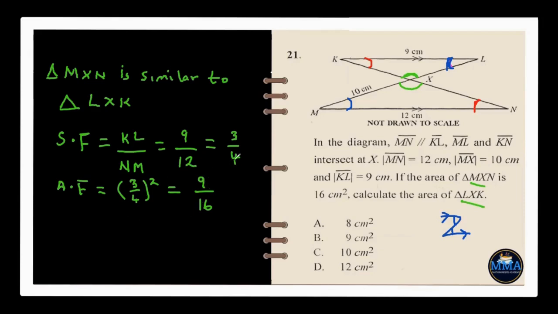So if I don't know the area of this smaller triangle, LSK, let's call that area Y. Okay, so we can say let Y be the area of triangle LSK.